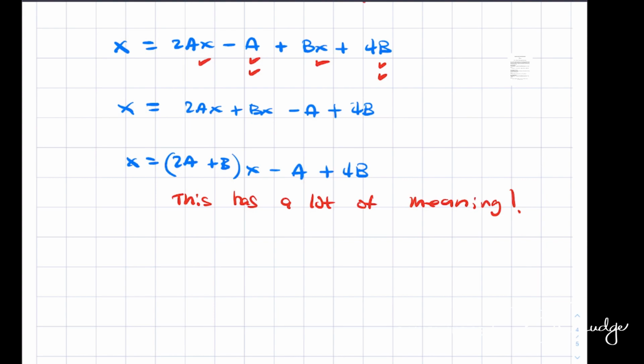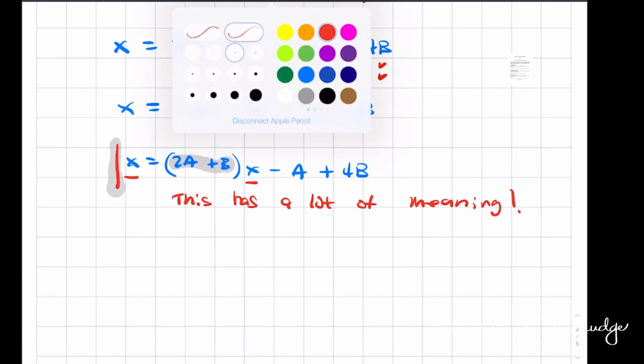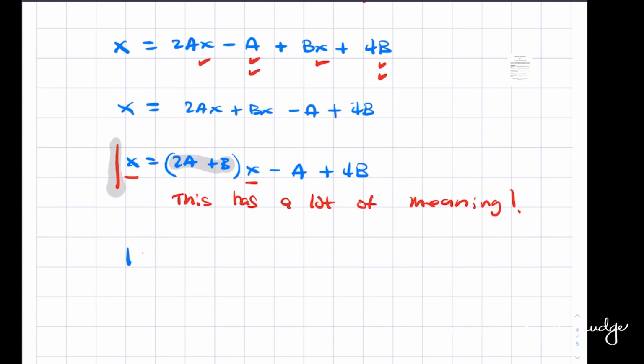Notice what's on the left. You have an x term, and you have an x term here. The constant in front of this left x is 1. So what that means logically is that 1 has to be the same as the value of 2a plus b. So we're going to write that down. We know 1 equals 2a plus b.